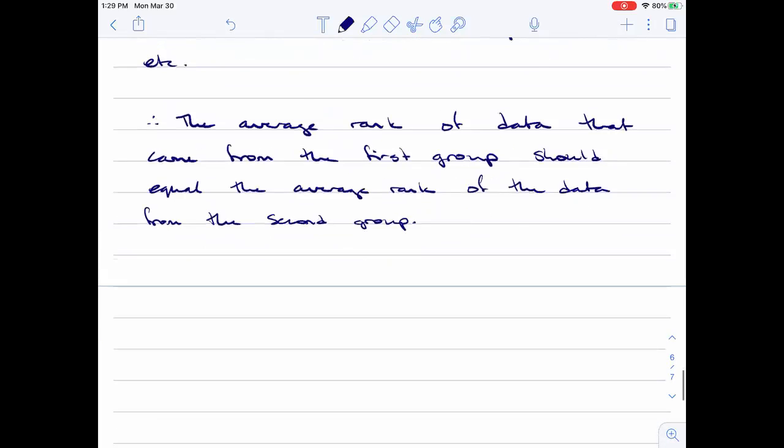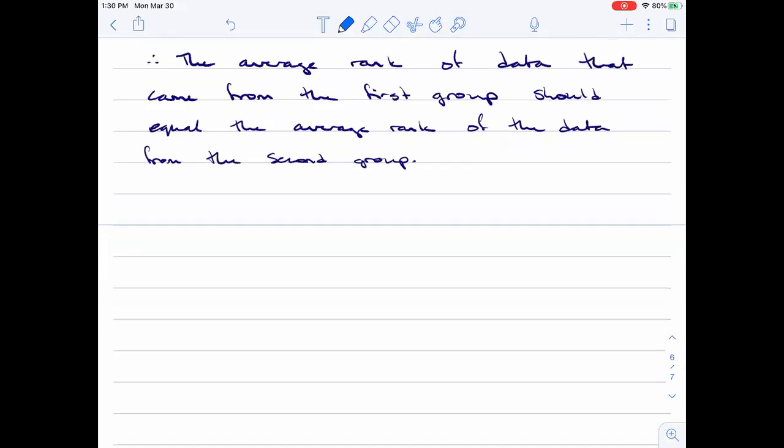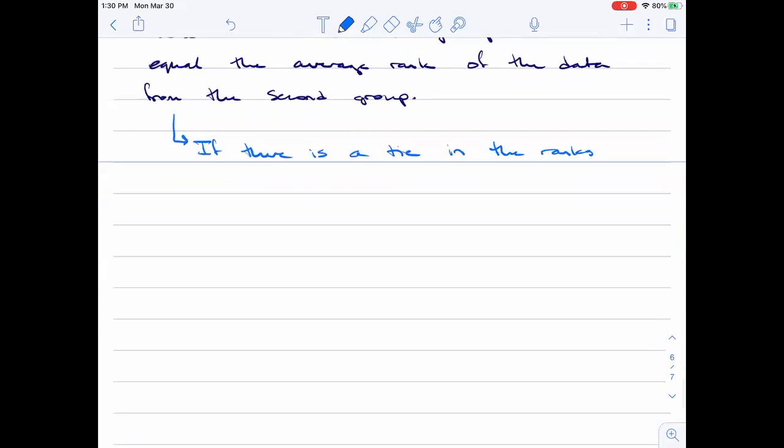So if there's a tie in the ranks, or in general, we need to be able to deal with that.